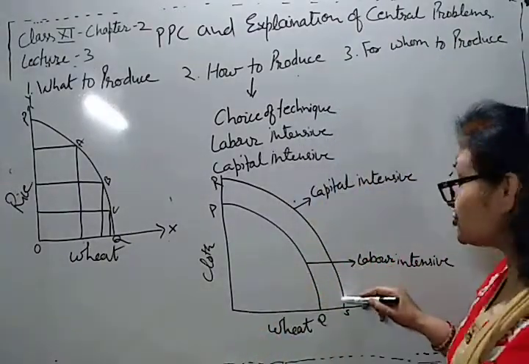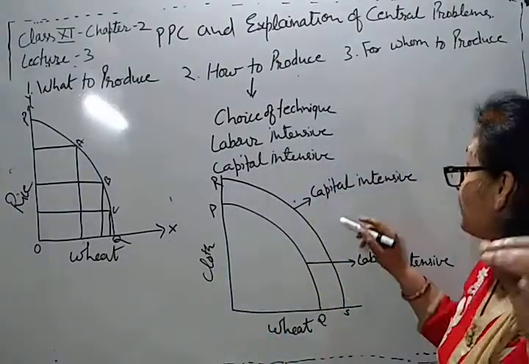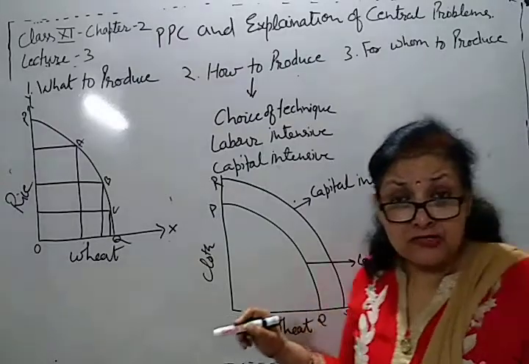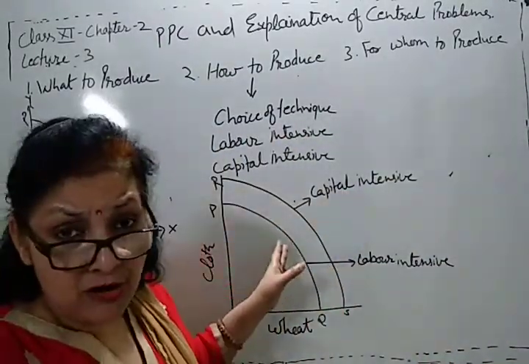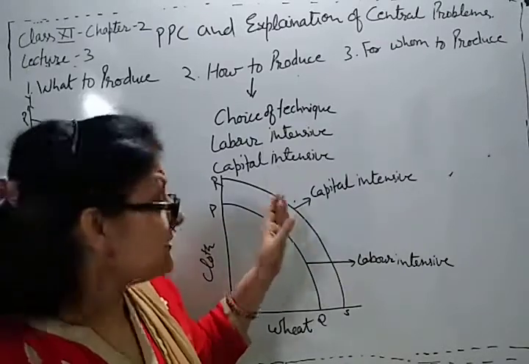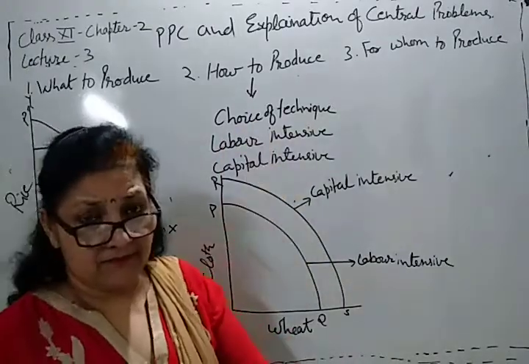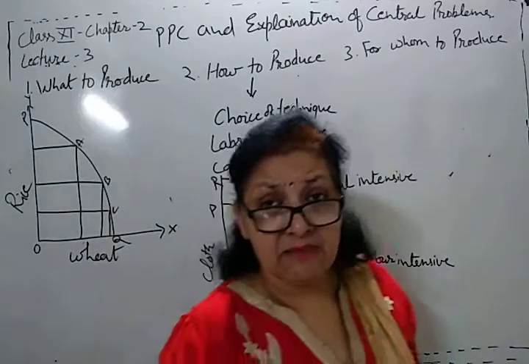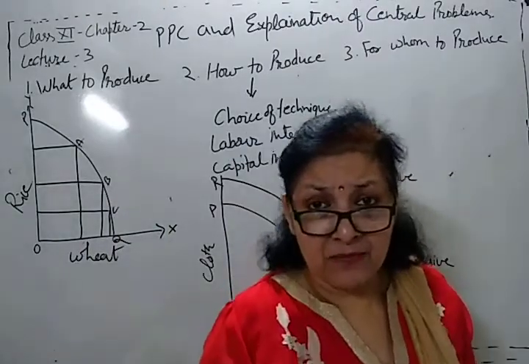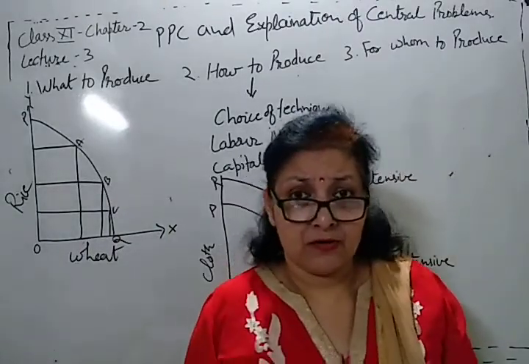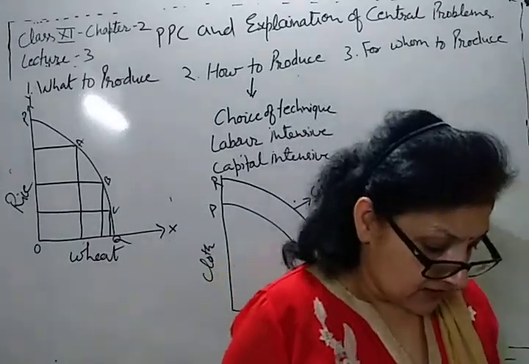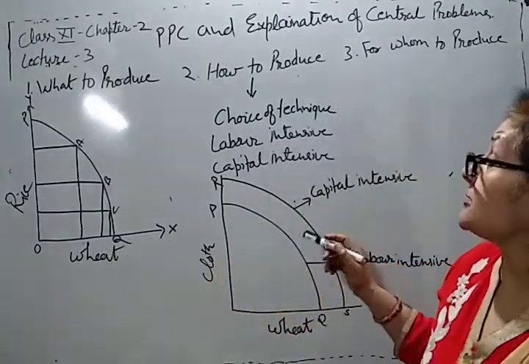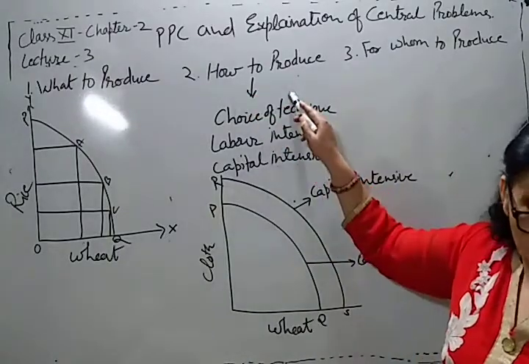It ignores social justice. Capital intensive technology ignores equality. It increases inequality. Rich become richer and poor remain more poor by using capital intensive technology. Clear? So again there is a problem of how to produce.